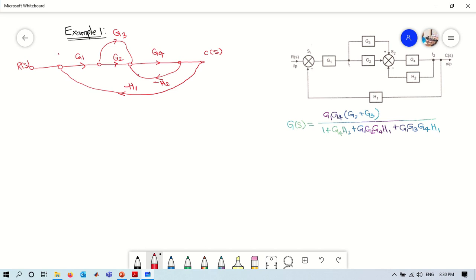I hope we fixed all the nodes. Let this be the node S1, T1, and S2, T2. So we renamed all the nodes also. Okay.